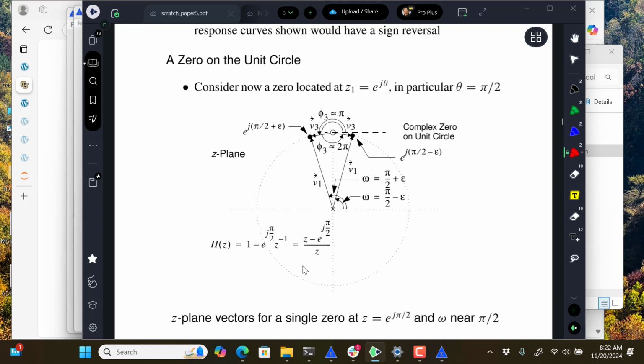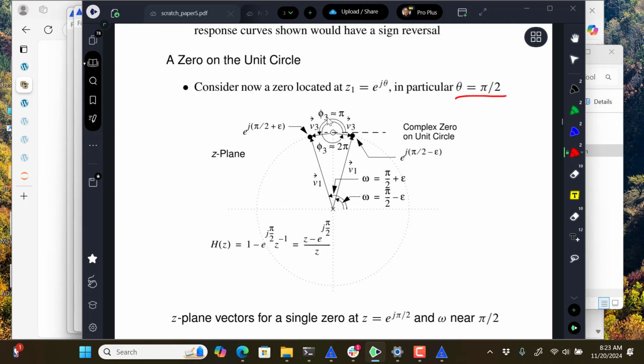The second example that I have here in the notes, taken from the book as well, is putting a 0 right on the unit circle, which is what we were looking at in the software. This just shows you if you put it right up at this location, approximately pi over 2 is the angle of the 0. Then when it sweeps past here, the angle is approximately 2 pi as it comes right up in here, and then as it moves away, the angle switches to pi.